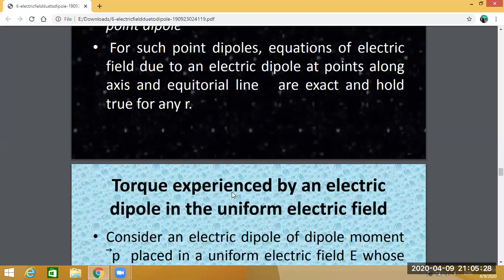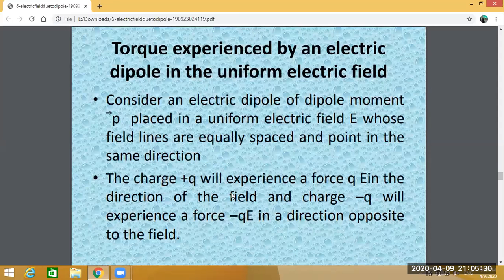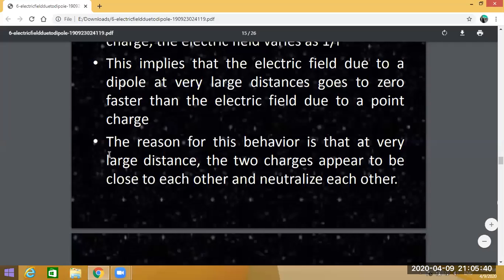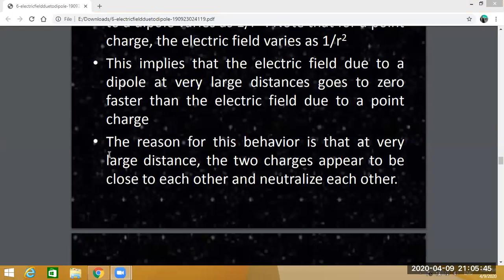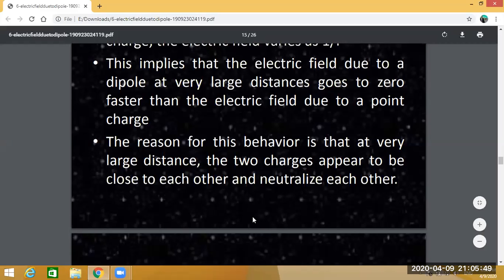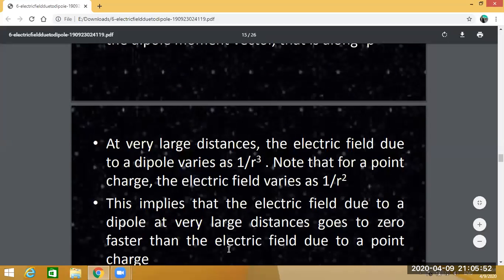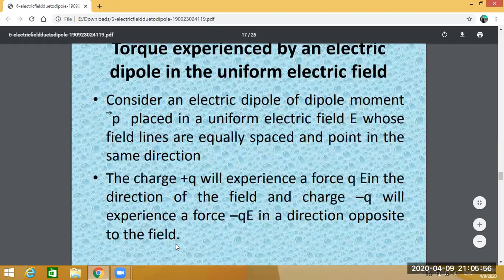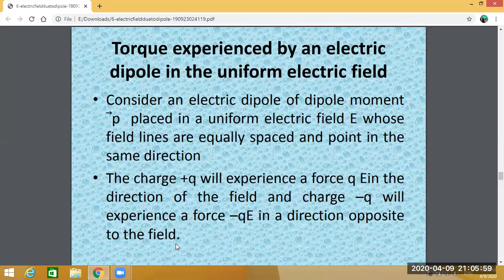Now come to when an electric dipole is placed in an external electric field. When an electric dipole is placed in an external electric field, then it experiences a moment of force, because an electric dipole consists of equal and opposite charges, a system of equal and opposite charges.